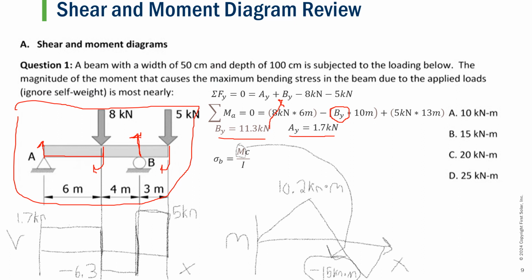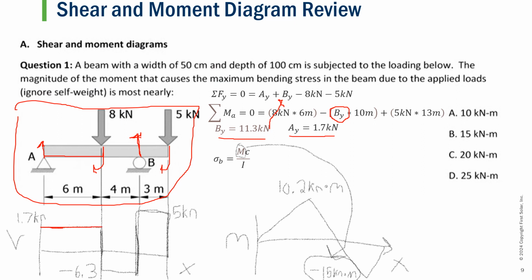kilonewtons. And going back to the review we just had on our shear moment diagram, we see that AY will result in a 1.7 kilonewton shear force in our shear diagram with no change in force until we experience an 8 kilonewton downward force.